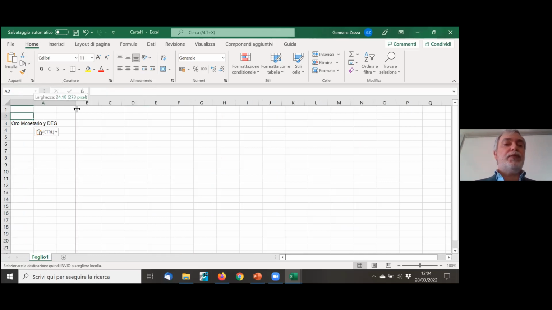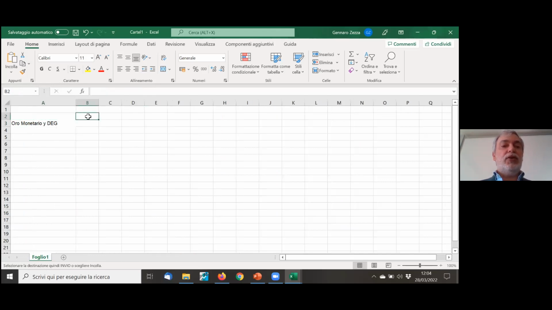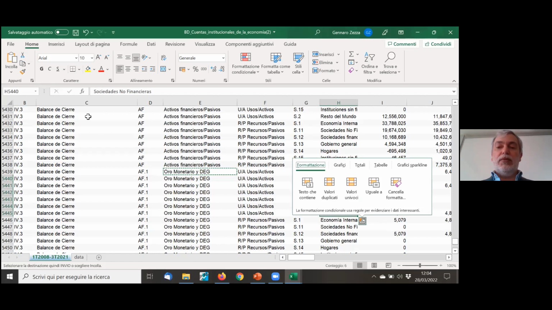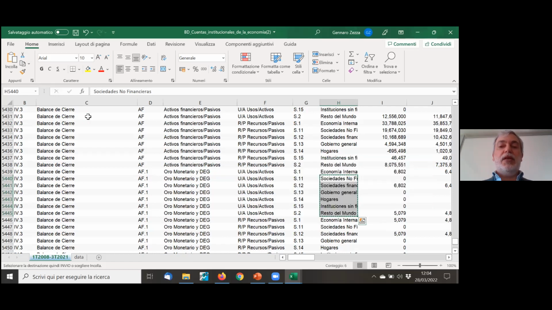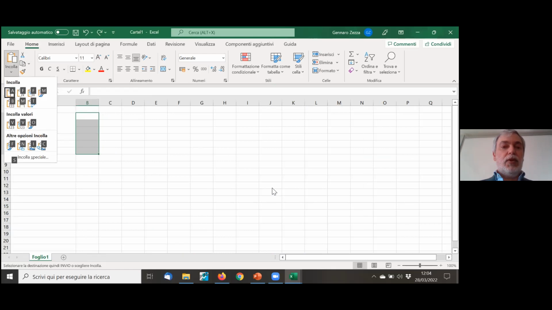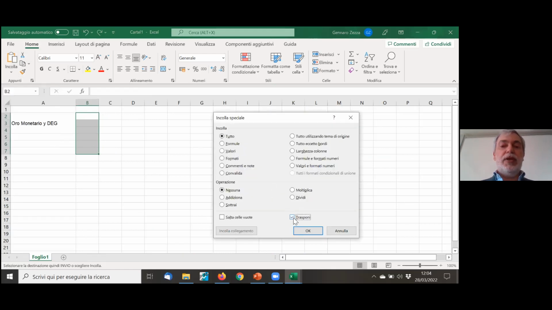We will want the sectors to be those that we have in here, but without considering the whole of the domestic economy. So I can copy this from here and use paste special to transpose in here.